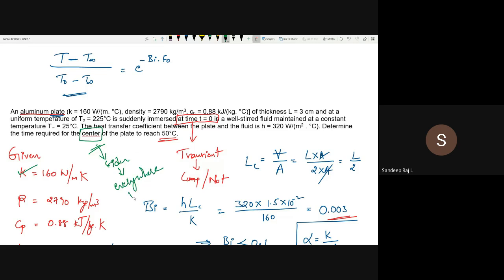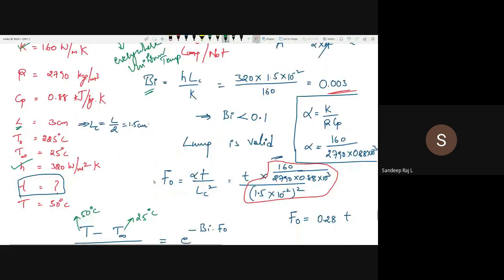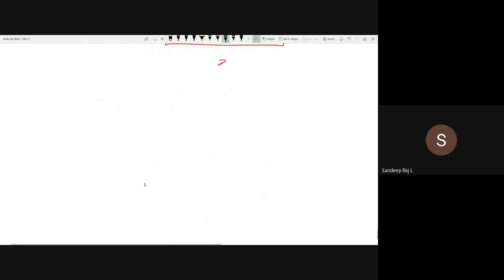Everywhere uniform temperature. So when lumped is valid, at the center the same temperature, at the other side the same temperature. So looking at this word center, you should not get confused. You will understand when we go forward. But kindly note that this word center is of importance to you.